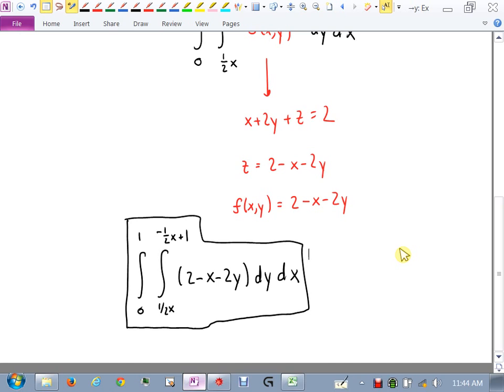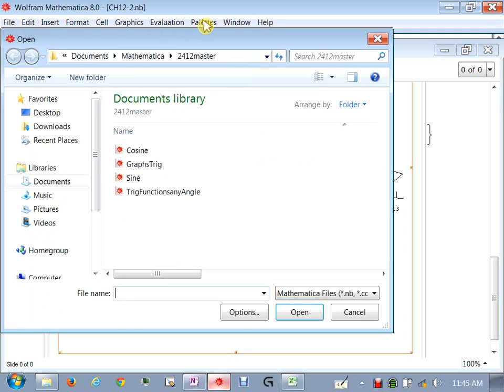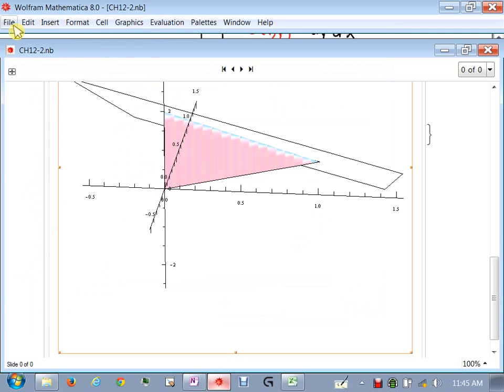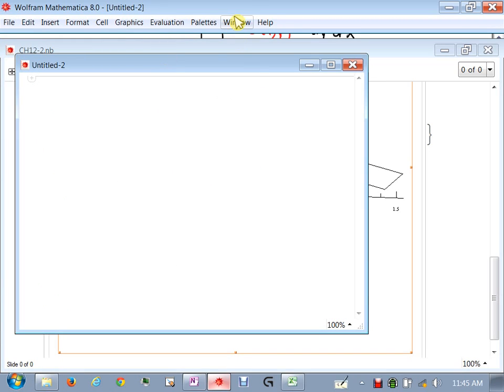Y'all agree? Any questions? Do y'all want to know what the value of it is or no? You think you would actually try that one on your own?